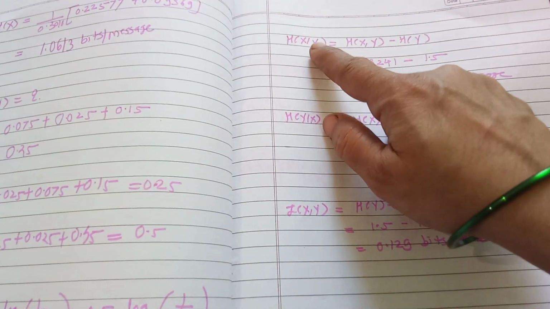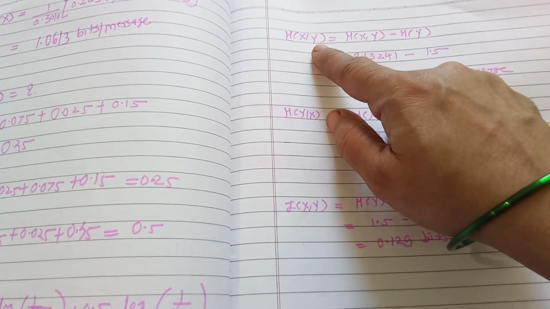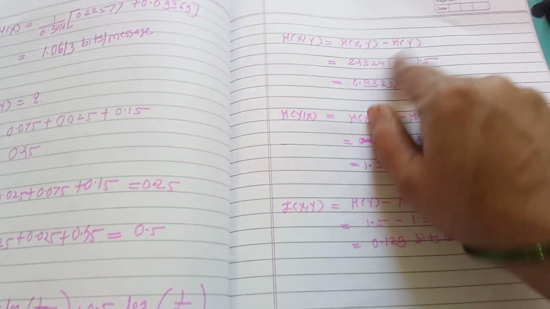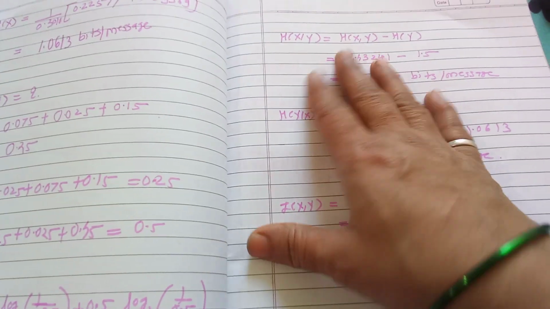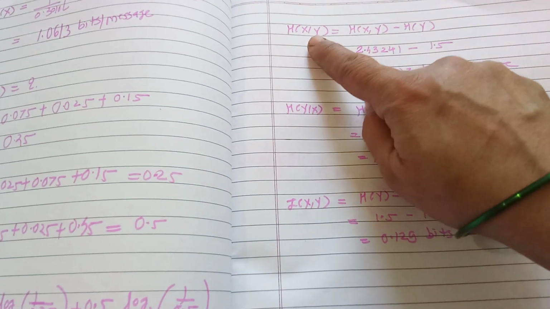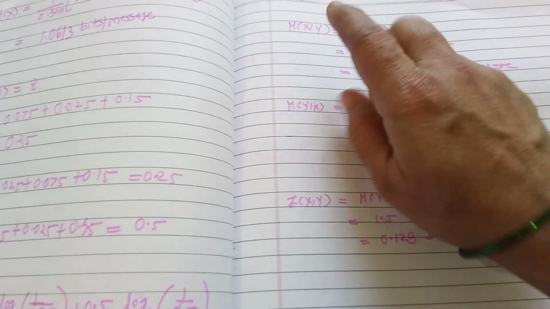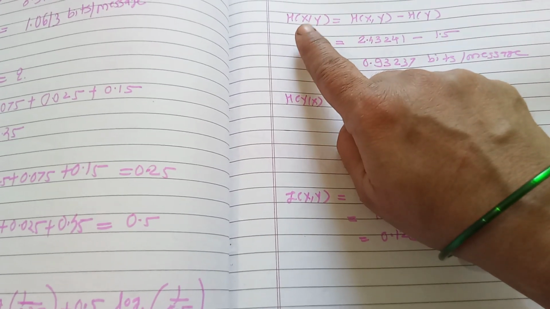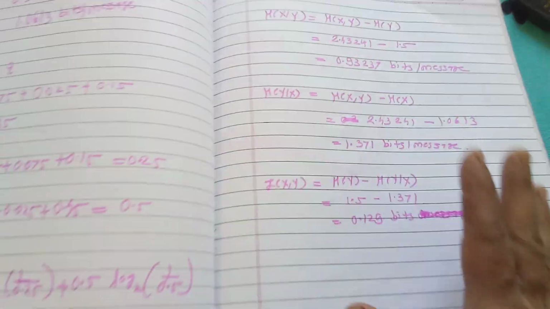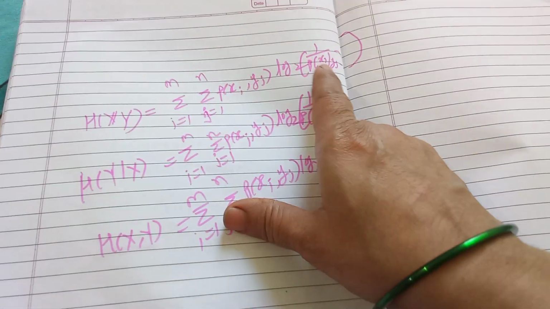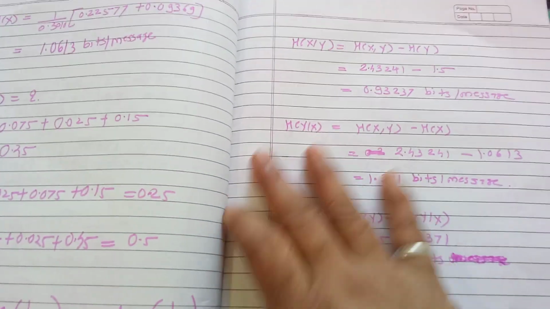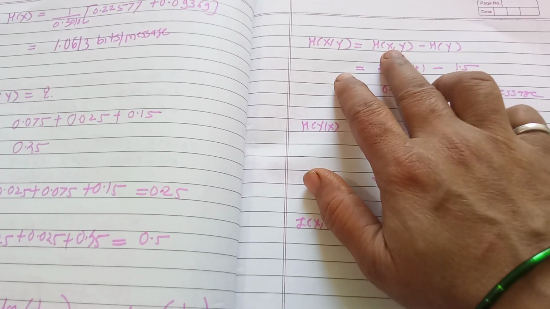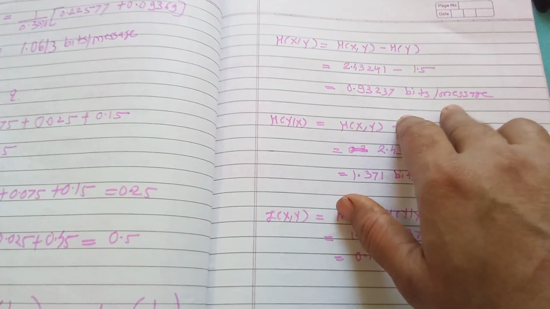Otherwise computing Hx given y in the first step, that's why I am telling you can use this formula Hxy minus Hy. Because we derived the formula, we should use it. Otherwise, if you compute it first, it is complicated, because you have to go for the transition matrix as well as the joint matrix. So there are so many formulas, we should use them. So Hx given y is Hxy minus Hy. You will get this answer.